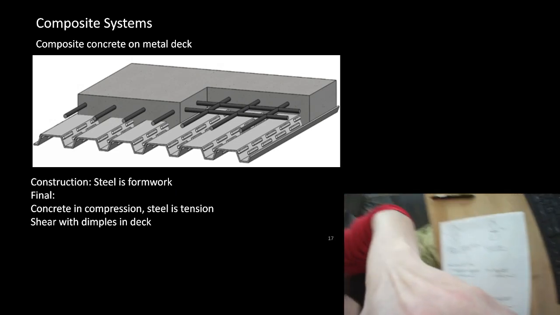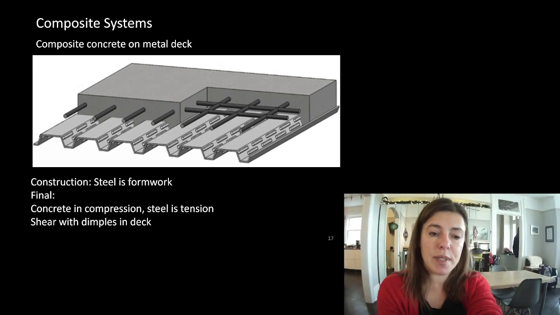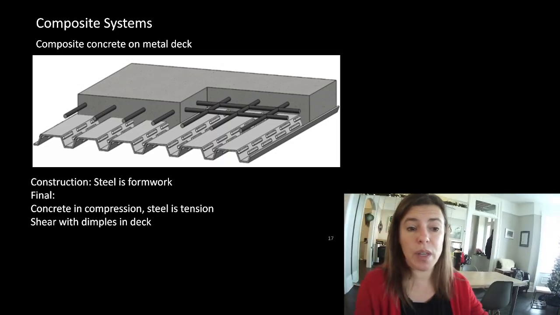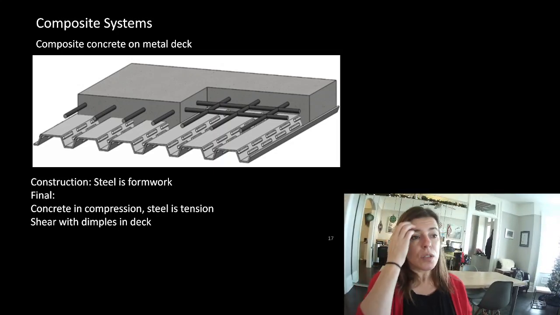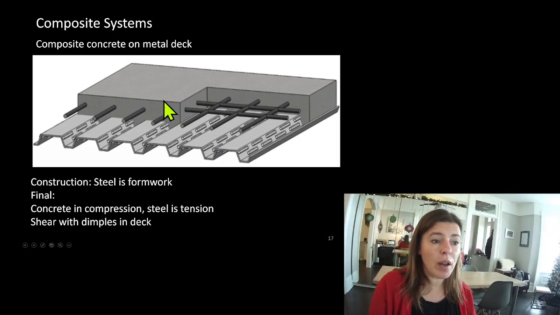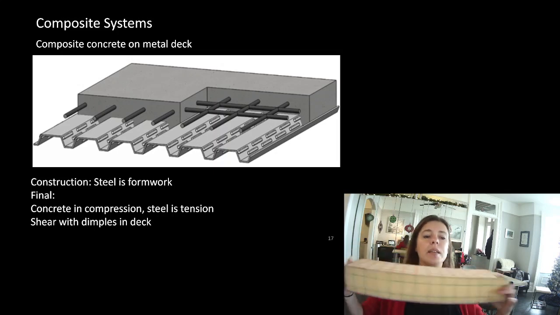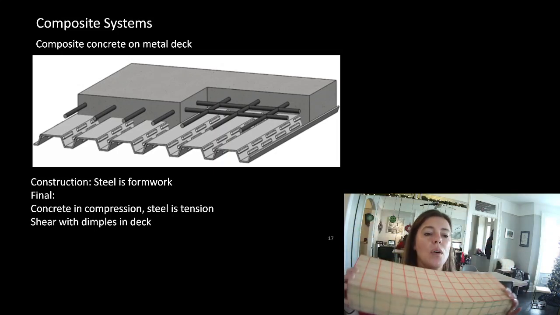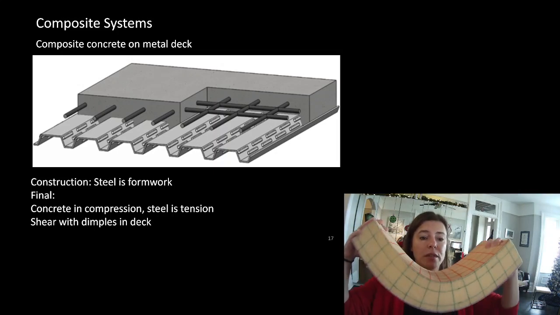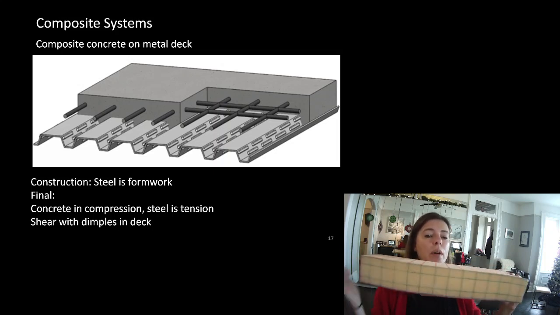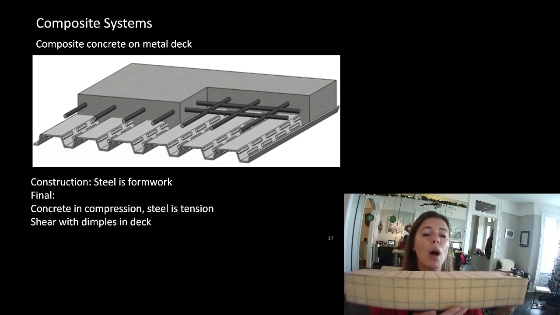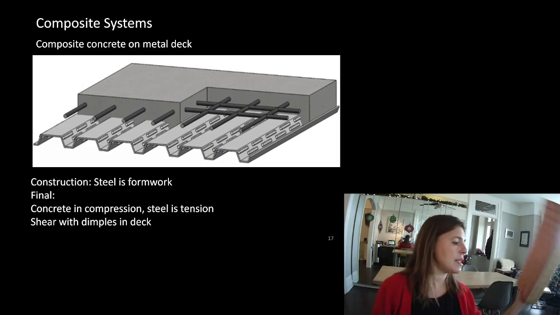So let's take a look at some composite systems, because there's lots of composite systems that we use all the time. Our concrete on metal deck is a composite system. Remember, concrete has effectively zero tension capacity. Our deck is bending. Concrete is great in compression, so we have the concrete at the top where it's in compression, and at the bottom, steel is fabulous in tension.